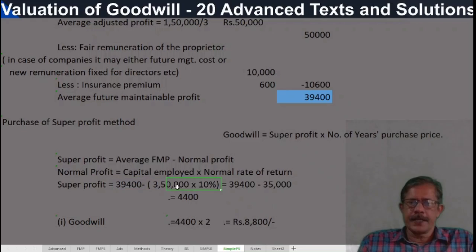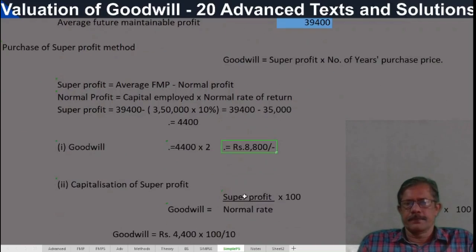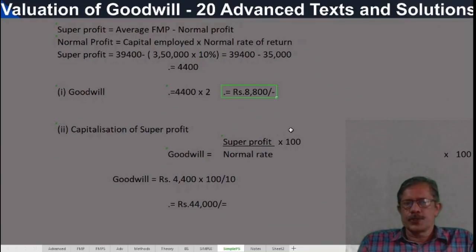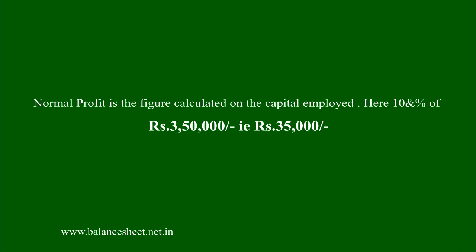Normal profit is 3,50,000 into 10%, that is 35,000. So 39,400 minus 35,000 is 4,400. Goodwill under the purchase method is super profit into number of years' purchase, that is 8,800. Then capitalization of super profit is equal to super profit divided by the normal rate of return given in the question. It will be 44,000 rupees. You know all this.